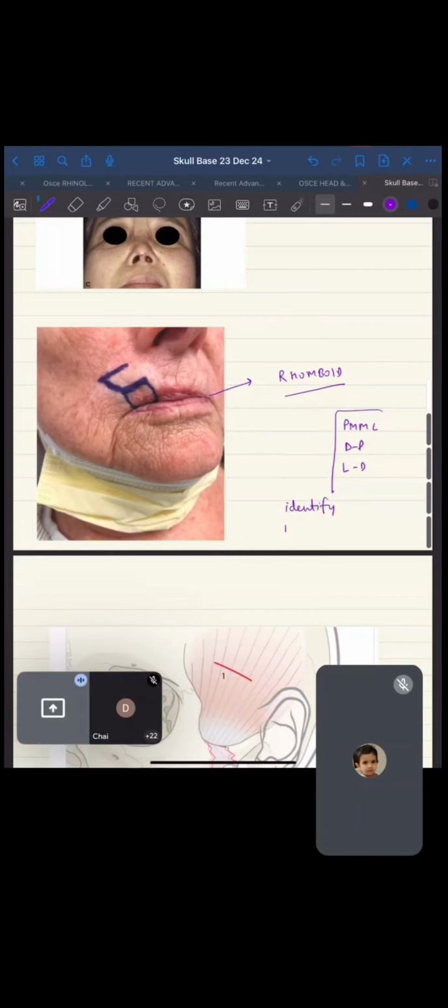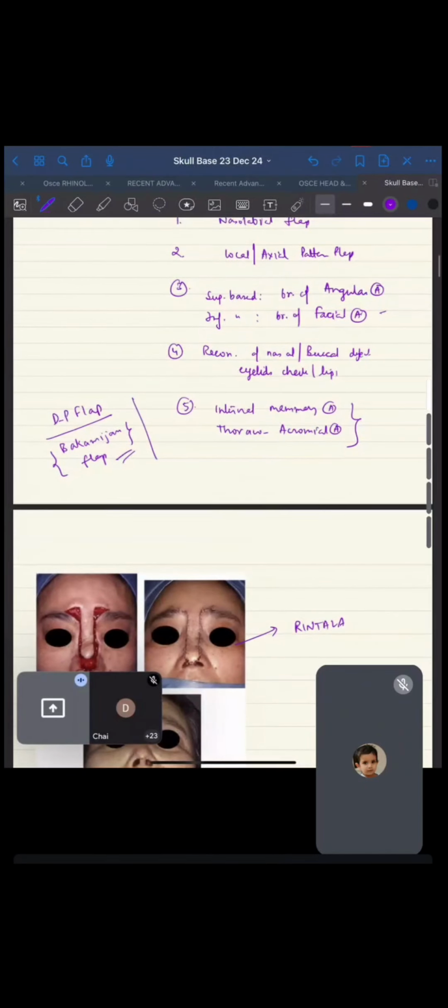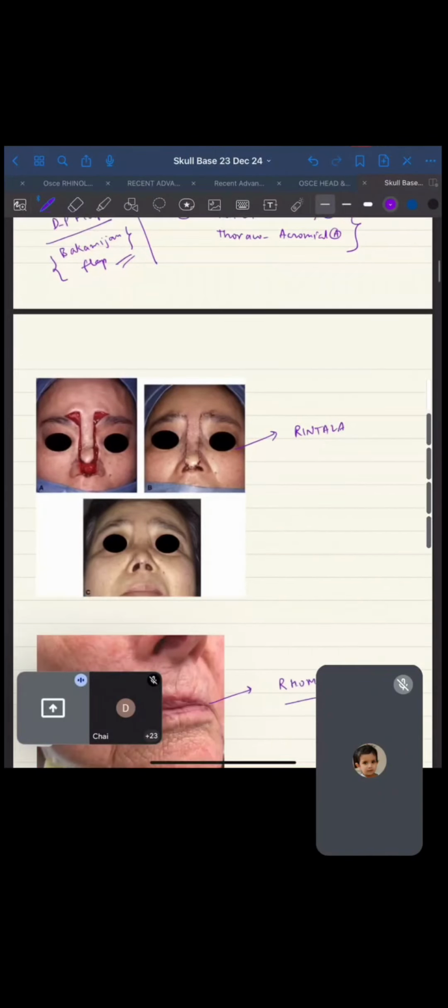You have to tell what the blood supply of that artery is, you should know what type of flap it is, and the use of this flap. That's it, you don't have to remember it in full depth. Like you saw a DP flap over here. You read 2 points, the artery. After the class, just Google 2-3 images of the DP flap, how the tube flap is made and how the changes are done.